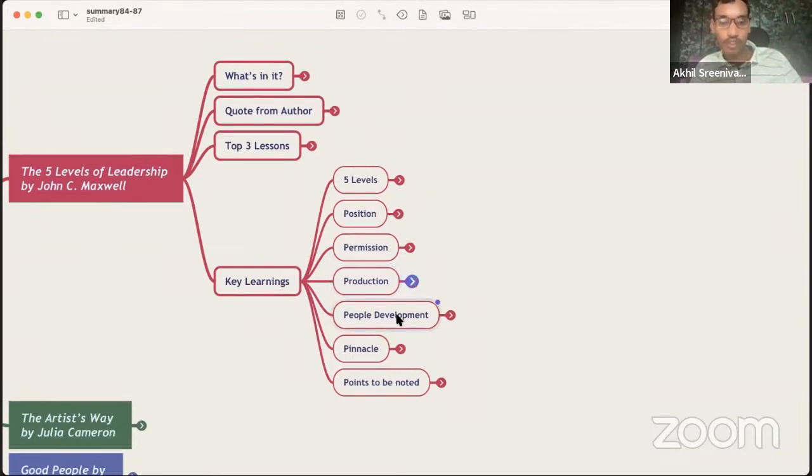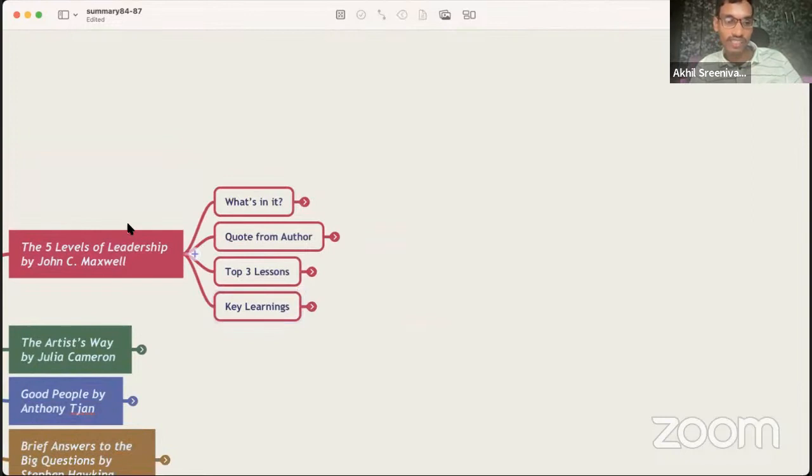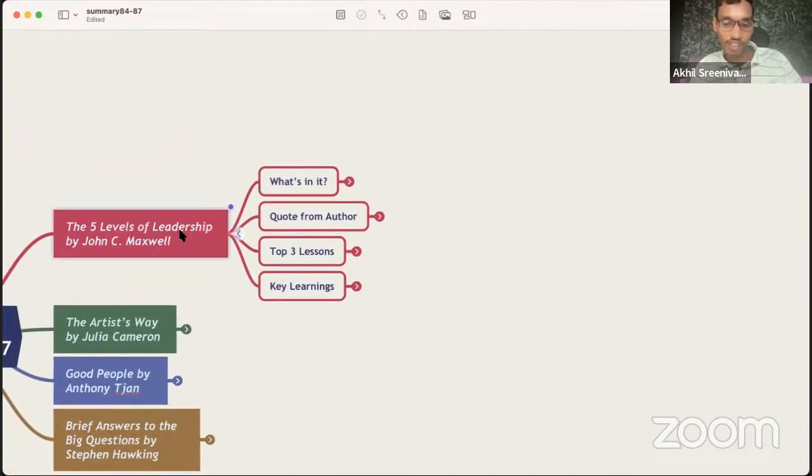Fourth one, distribute the tasks among the people and make sure they are done in a proper timeline. Fifth level of leadership is pinnacle. Reach the top based on the success of all the top 4 levels. Scale it up. These are the key lessons of the book, The 5 Levels of Leadership.